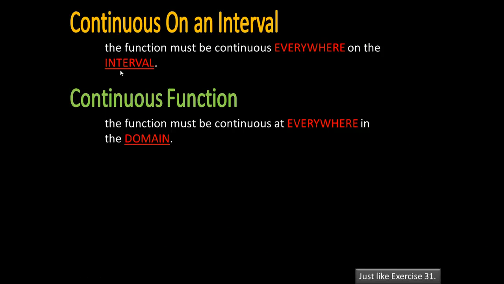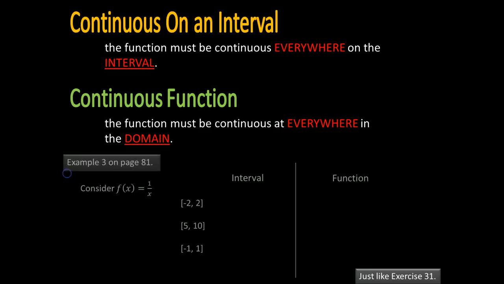Every single point in that interval, our function has to be continuous in order for it to be considered continuous on that interval. However, for it just to be a continuous function, it has to be continuous everywhere in the domain. So what that means is sometimes we have a continuous function that's not continuous on a particular interval, which might seem counterintuitive, but when we look at an example, you're going to see what exactly that means.